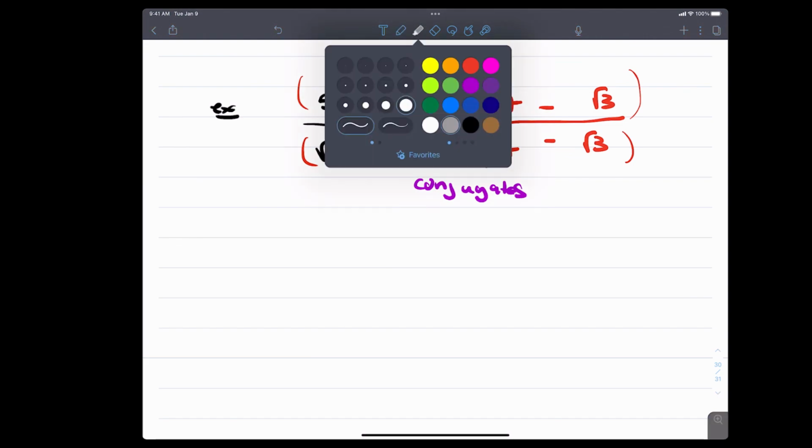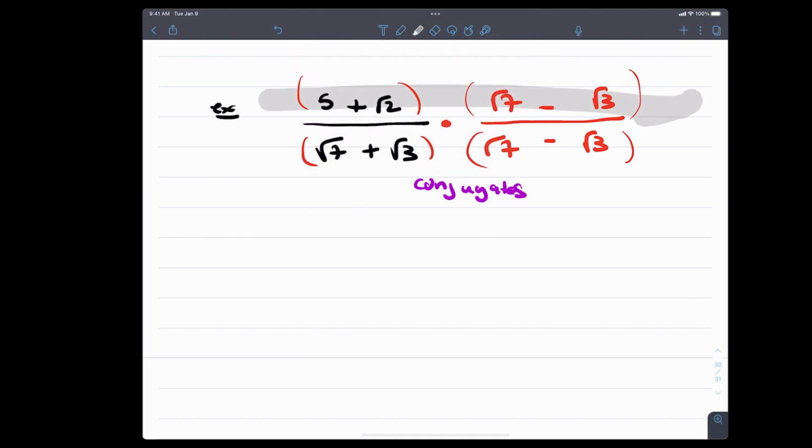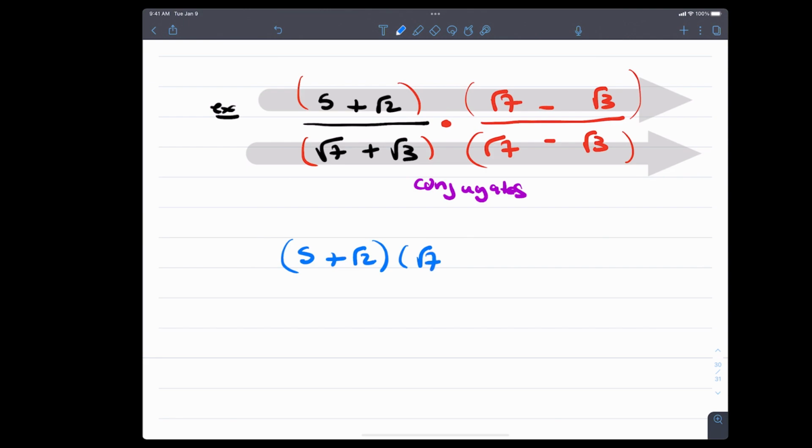Because you're still going to multiply. So on top, 5 plus the square root of 2, square root of 7 minus the square root of 3.